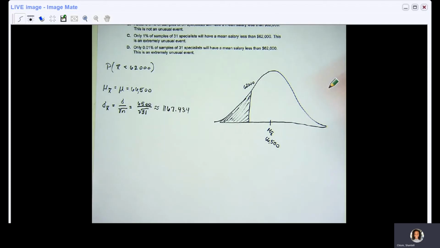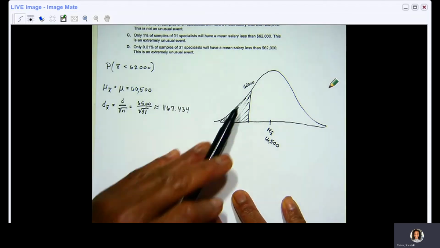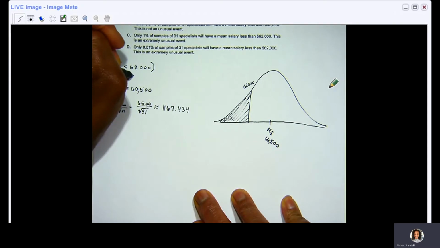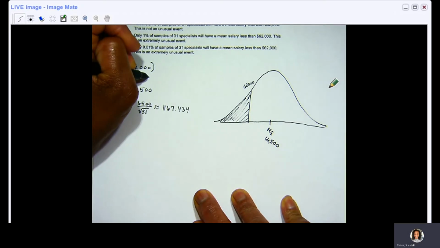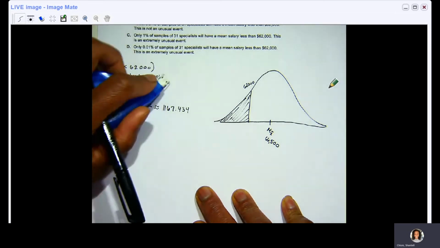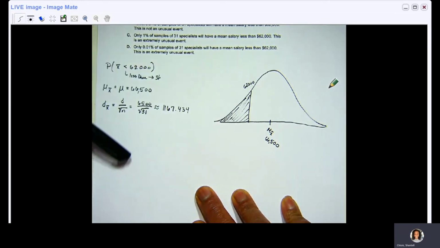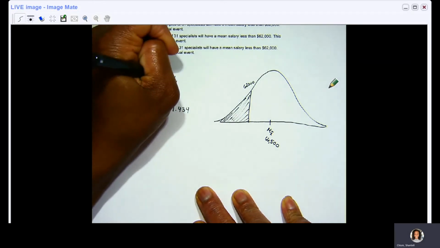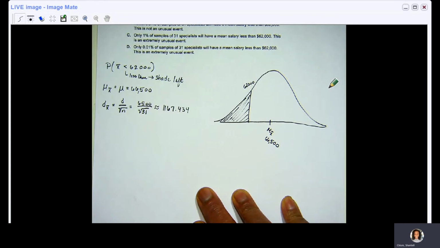But where I shade is determined by the inequality. It's less than, probability X bar is less than 62,000. So less than means we shade left. Okay.